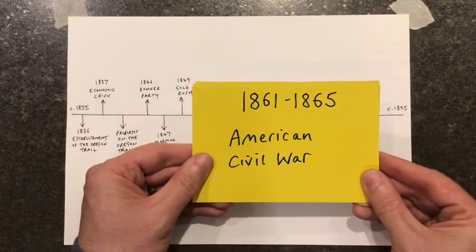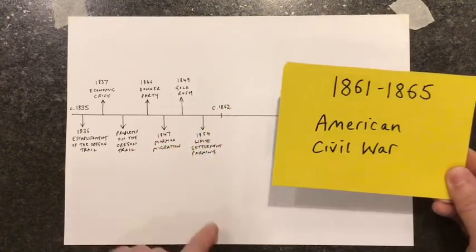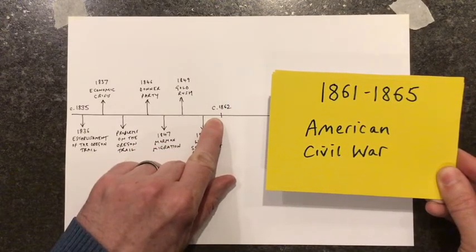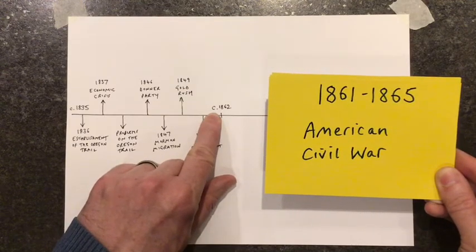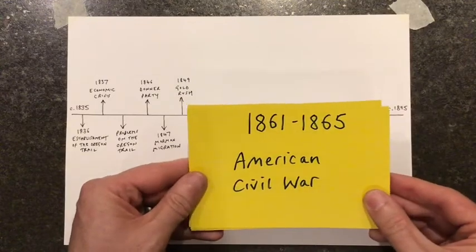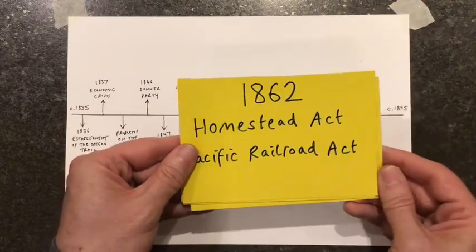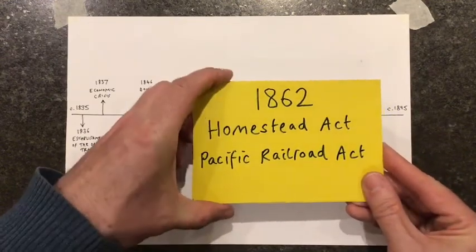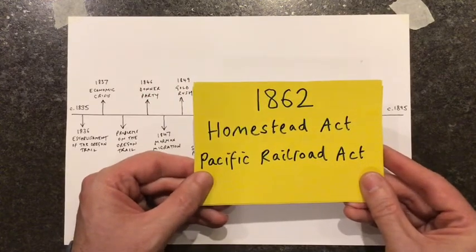The first one, the American Civil War, actually starts just the year before that date of 1862, but we know it's a circa date around that time. So 1861 to 1865, the American Civil War. Then, within the period of the Civil War, a year after it started, you have the Homestead Act and the Pacific Railroad Act.